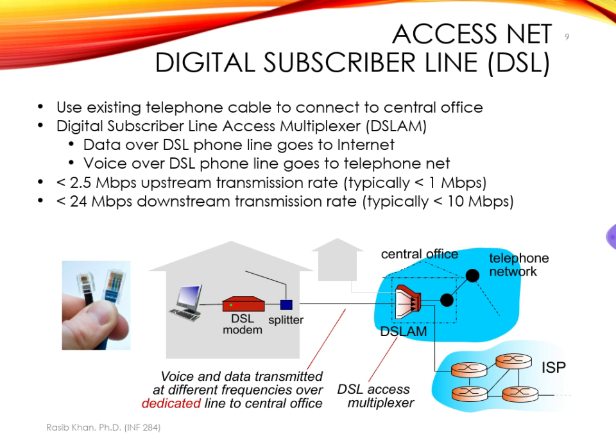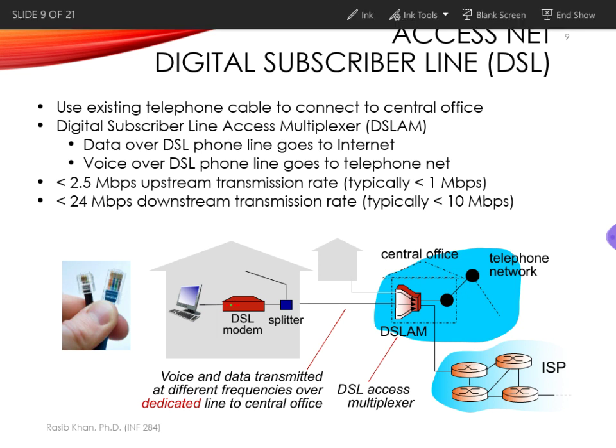So now let's see how we can connect to this complex network of networks that we call the internet. We have already established that this is the access net, the network that allows us to connect to the larger internet. The first case that we'll look at is the digital subscriber line, or DSL, connections. DSL connections use existing telephone cables to connect to what we call the central office.